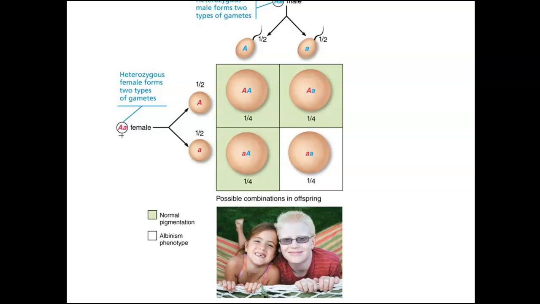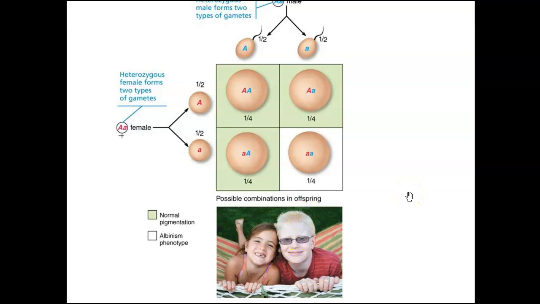What it does is tell us the chance, or the probability, that they're going to have children with certain traits. So by looking at this Punnett square, it's showing us that there's a 25% chance, based on statistics, that they will have a child with albinism. Okay? They could have 10 children and all of them have albinism, like this little boy here.